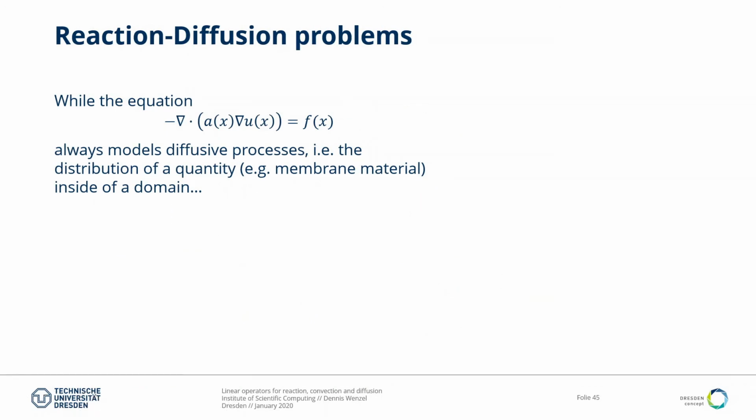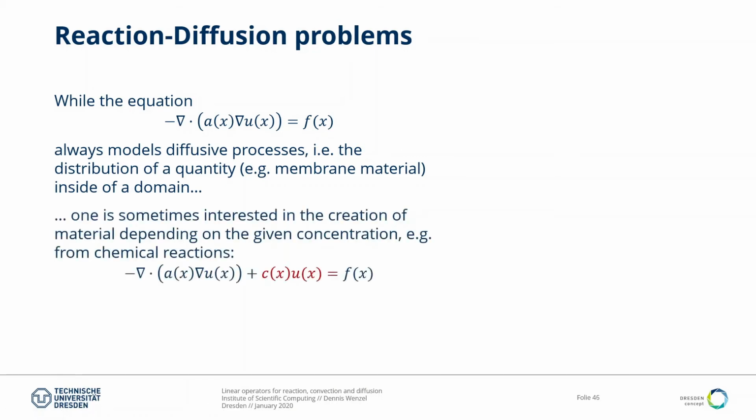Then the next step. While we have so far always modeled diffusion processes, so the distribution of a quantity or the bending of a membrane inside of a domain, so always something like equally spreading stuff somewhere, it's also sometimes interesting to consider the creation of the material depending on the already given concentration.